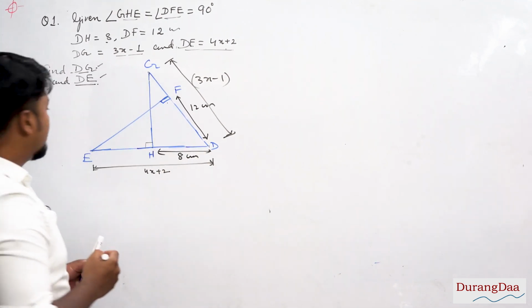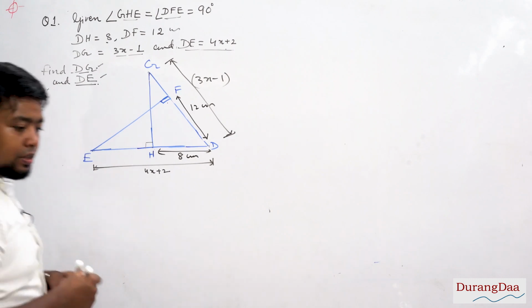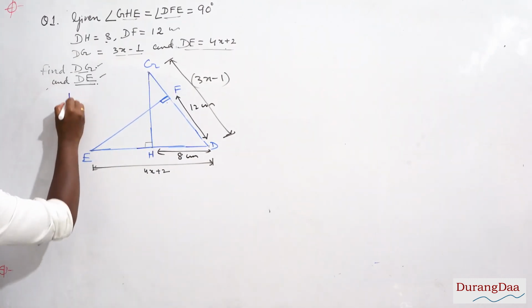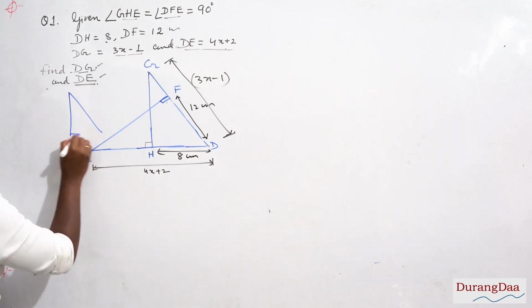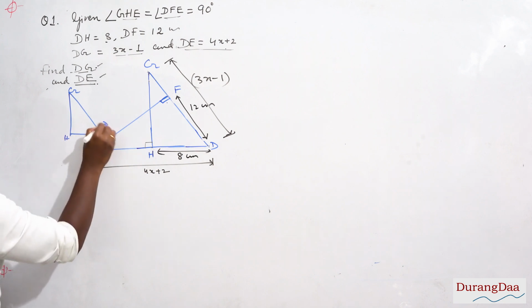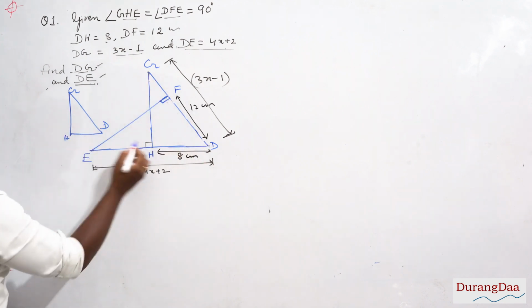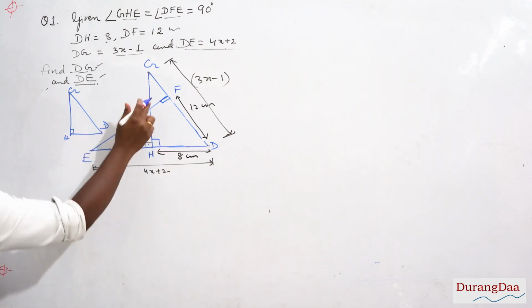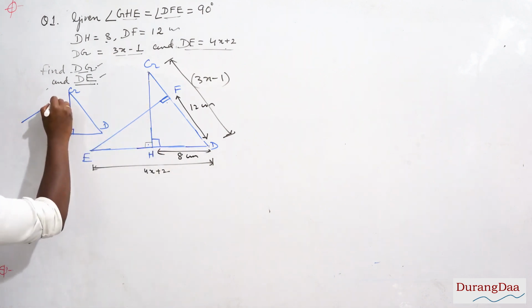All right. If it is looking a little bit confusing to you, you can just separate the two triangles like this. GHD, first triangle, and we are having 90 degrees here because if this is 90, this also is 90. And second triangle is something like this.